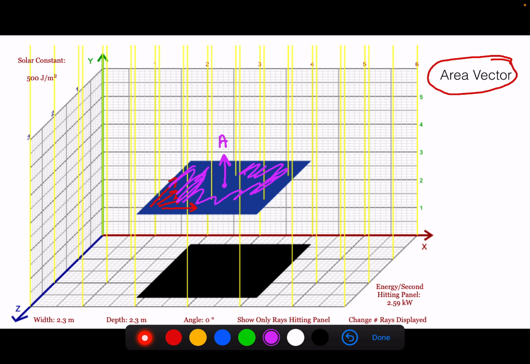The panel is horizontal, the area vector points vertical. Again, the problem is if we tried to draw our area vector horizontal, there's an infinite number of different directions we could point it. If we point it perpendicular, we have restriction that would have to be in the y direction. All right, so hopefully you understand what I was saying. Area vector points perpendicular.